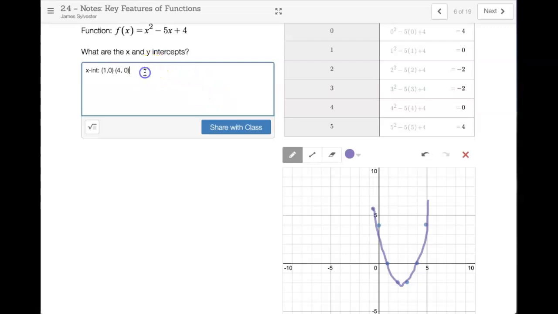Okay, there's your x-intercepts, (1, 0) and (4, 0). The y-intercept on this one is (0, 4). Okay. So again, those points come from here, right? Your y-intercept is where it crosses the y-axis, (0, 4). And then the two places it crosses your x-axis are your x-intercepts, (1, 0) and (4, 0).